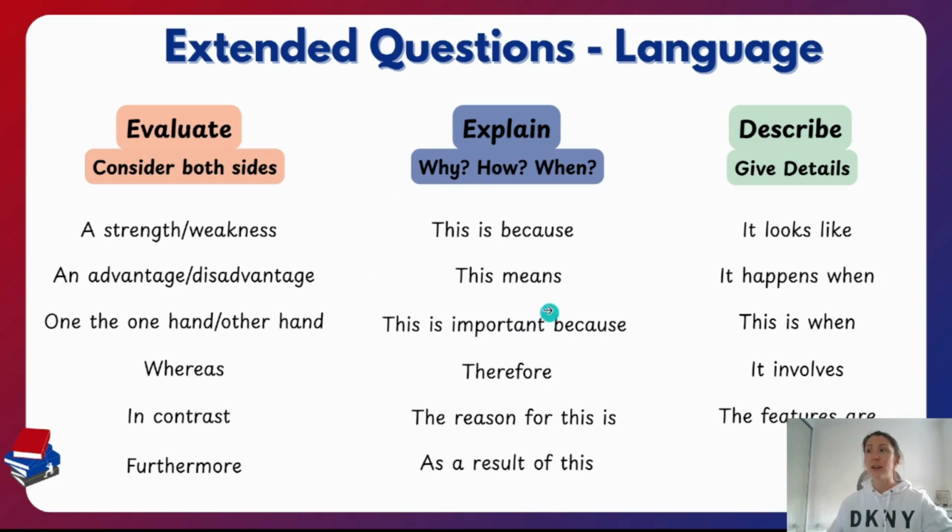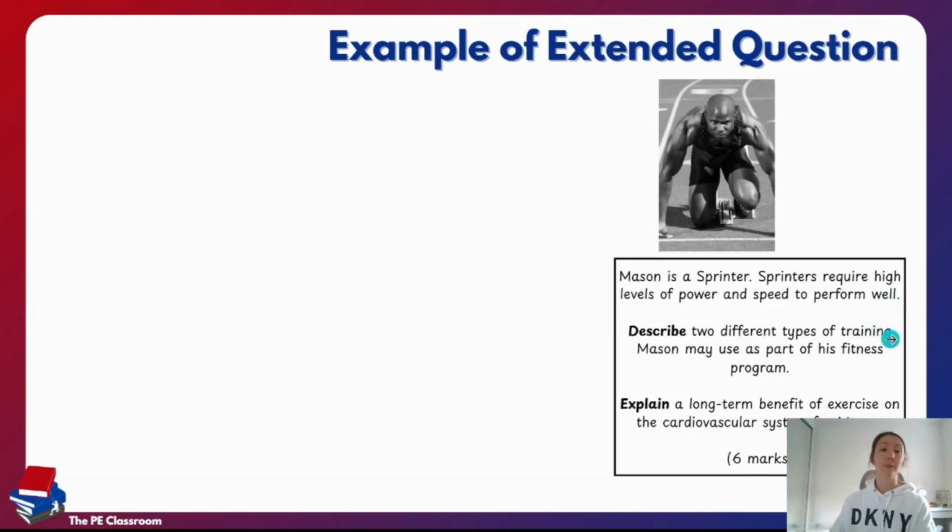So you could use phrases like, this is because, this means that, as a result of this, etc. And then describe questions ask you to give details of something. So again, you could say the features of this are, this looks like, whatever is relevant. Feel free to obviously use them command words when you answer the exam questions in a minute.